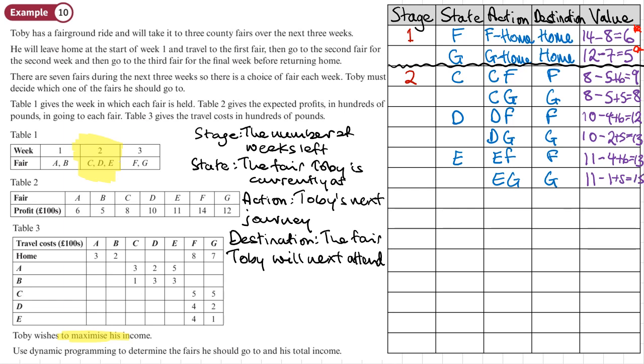And as we've done before, for each state we need to be looking for the maximum value. So we need to star the 9, we need to star the 13, and then we need to star the 15 here.